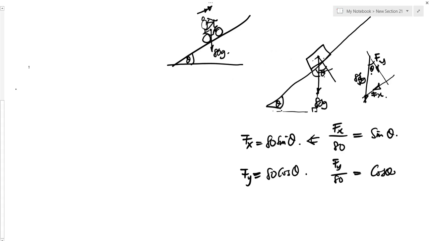Now you will have the normal reaction from the surface, which is N. Now we have the frictional force. The object is moving up the hill, so the frictional force will be acting downward. This F subscript x, which is 80 g sine theta, is acting downwards too.